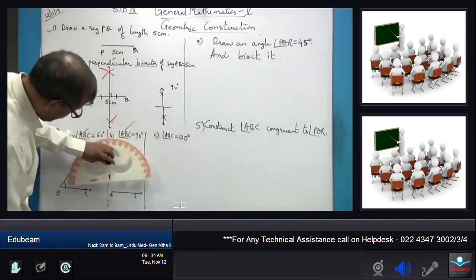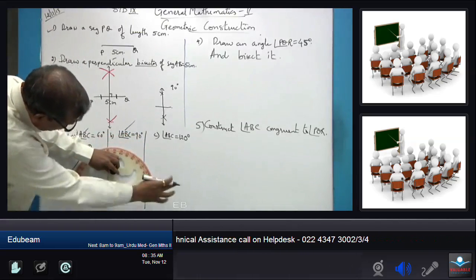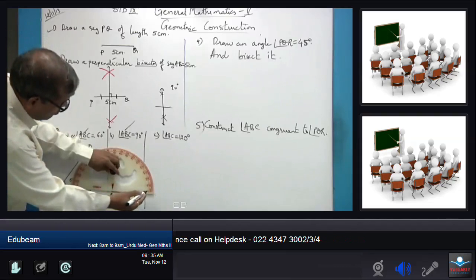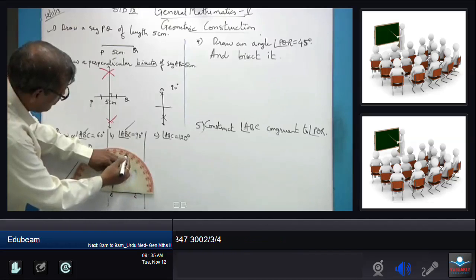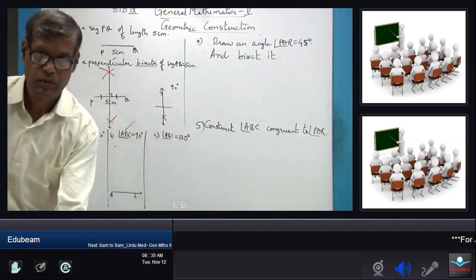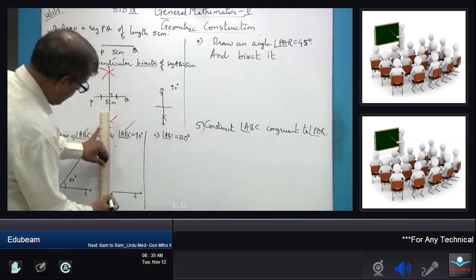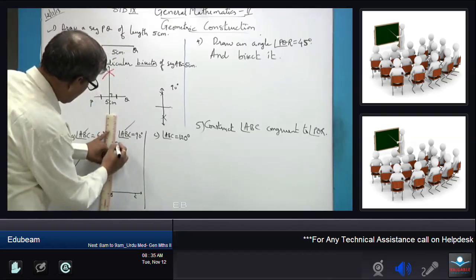Measure this as 90 degrees from this. B in the center, C along the 0: 0, 10, 20, 30, 40, 50, 60, 70, 80, and 90. And join it. And that will be your point A on top. And this is your angle ABC.